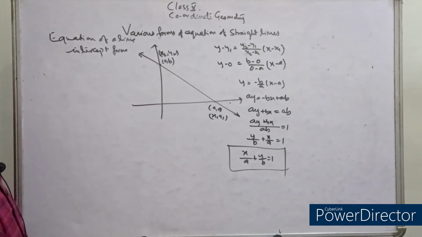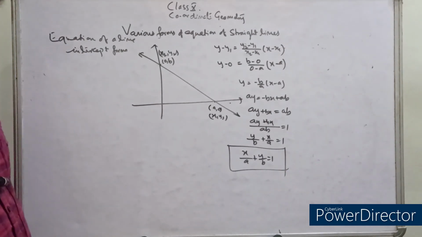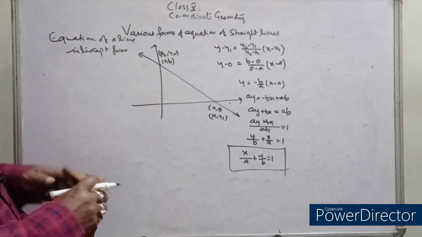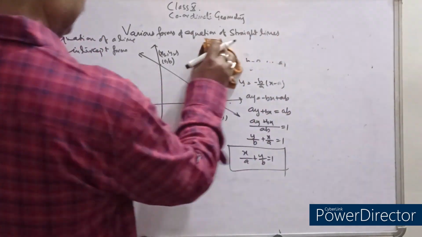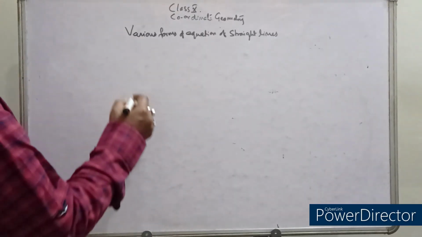You can take the help of the equation of a line passing through two given points, and you can derive this formula. Now my last is the equation of a line in normal form.